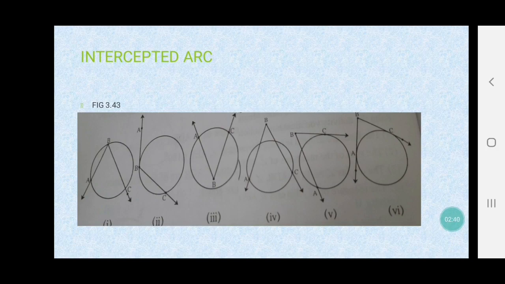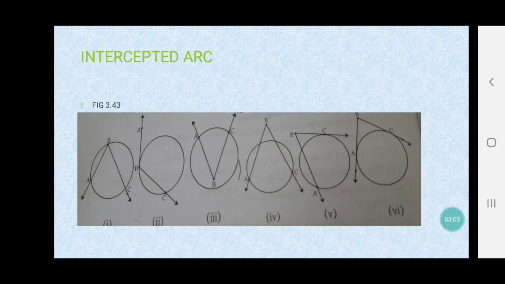Now come to the next 3 figures. What do you see? This angle ACB, one of the vertices lying outside the circle. So it is intercepting the circle at points A and C. So the arc intercepted by it is arc AC and one of the arcs over here.